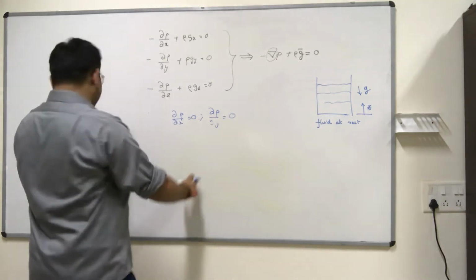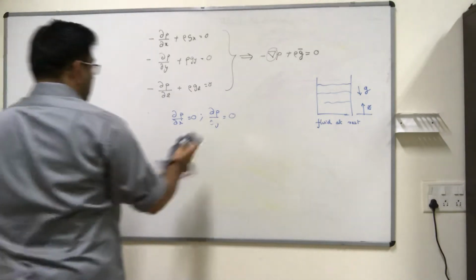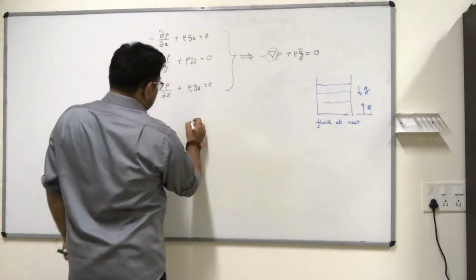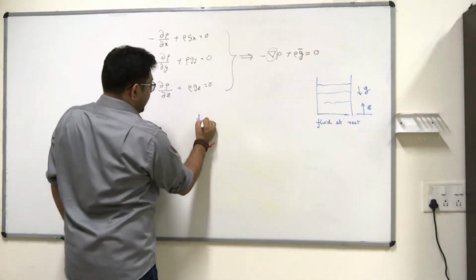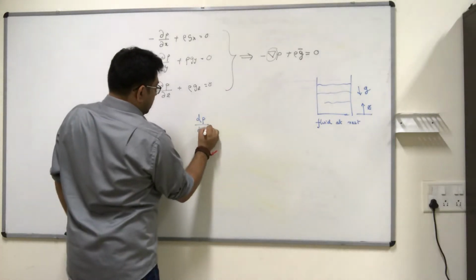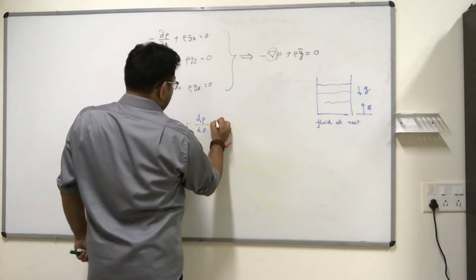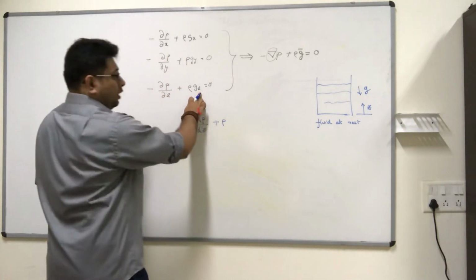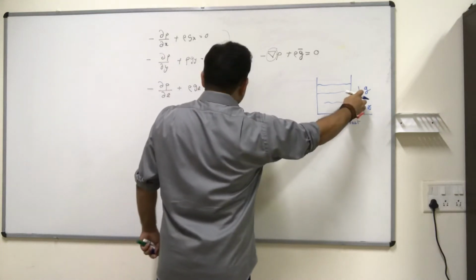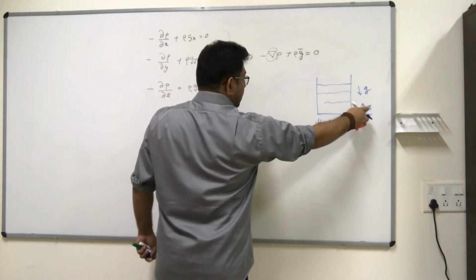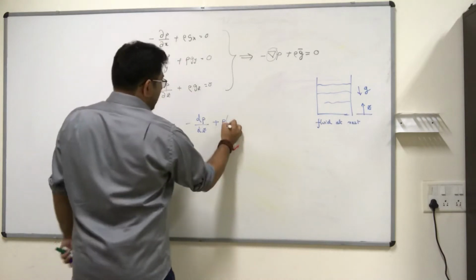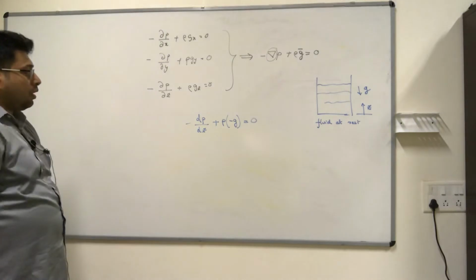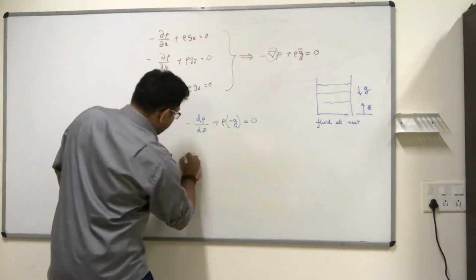These two don't give you much information, so there's no point worrying about these two. So the only equation that you need to worry about is minus dp dz plus rho g z. Now you can see here that g is in the negative direction of z. So this is actually minus g here. Okay. So you have this very simple equation.